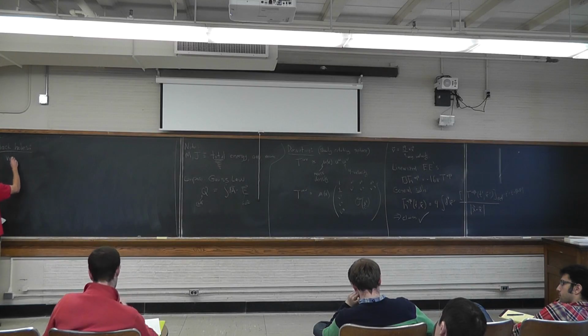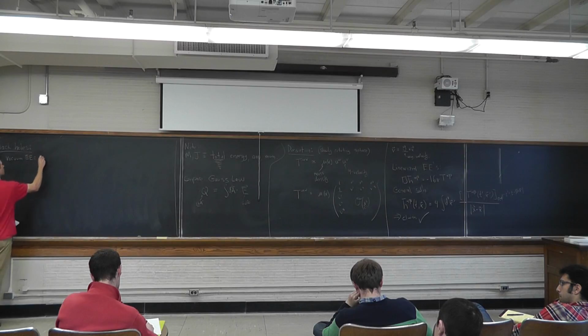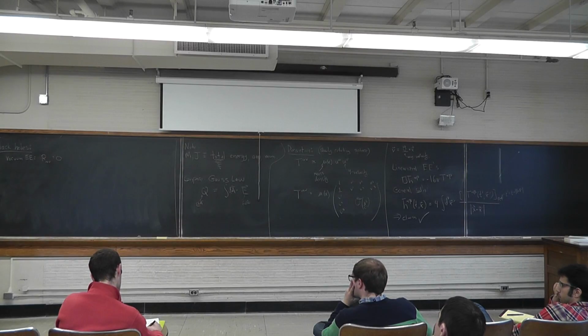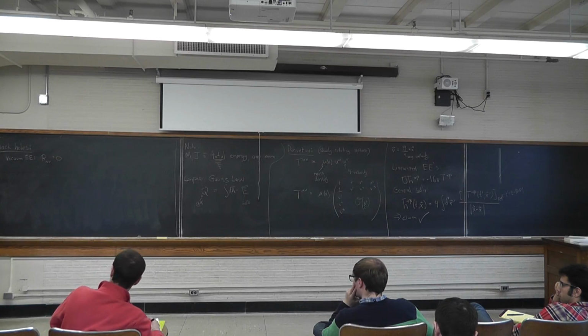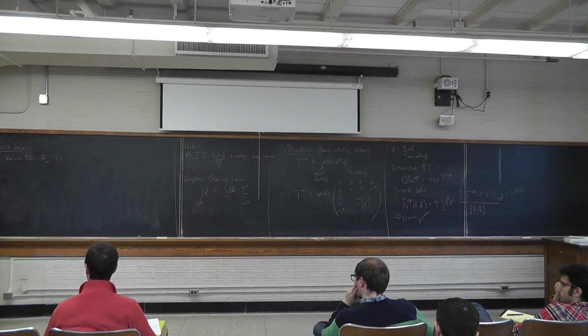So the vacuum Einstein equation, R mu nu equals 0. And we want to find exact solutions of that equation, which are asymptotic to the thing that I just wrote down. Okay, so that's hard.